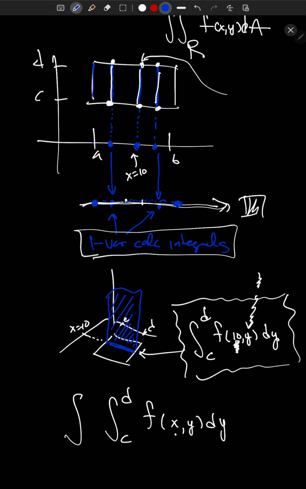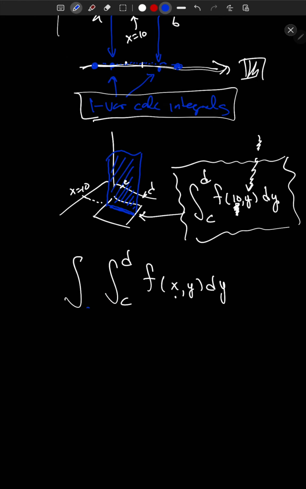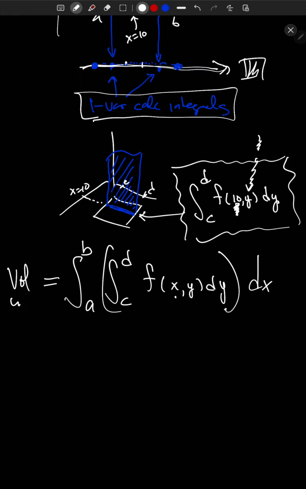X equals a corresponds to the first strip, x equals b corresponds to the last strip, and every one in between corresponds to a strip. And I want to add up all these strips. So I'm essentially integrating from a to b of this guy in here, dx. And so this is the volume under the graph.